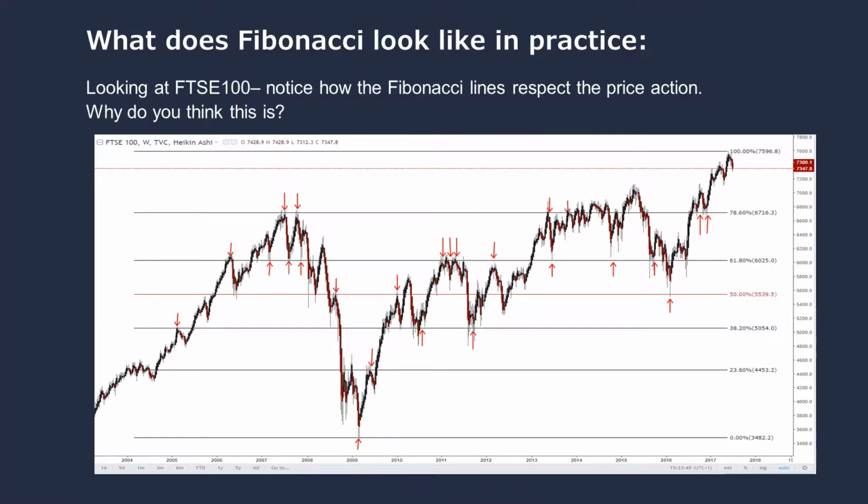Here we have a great example on a candlestick chart on the FTSE 100. Now I found the high and the low, which are obviously sticking out like a sore thumb there, but once you've done that, the Fibonacci tool plots the lines in between that band, and just look where those red arrows are, how the prices have bounced or retraced, found support at those levels.